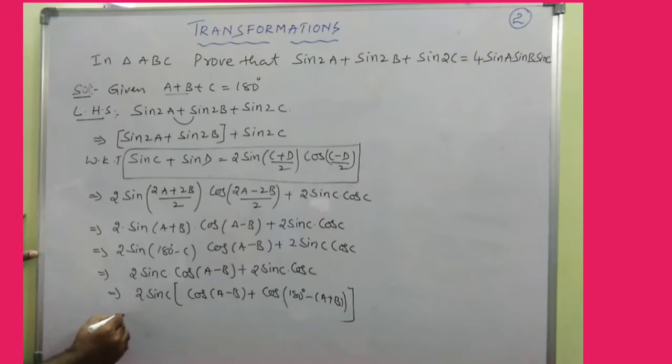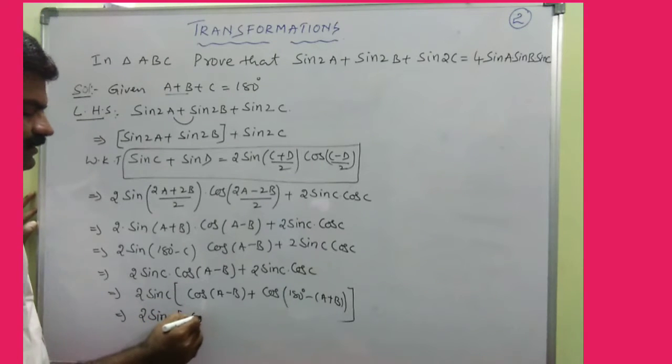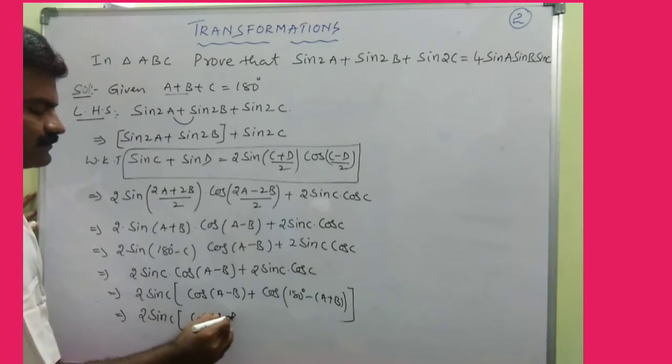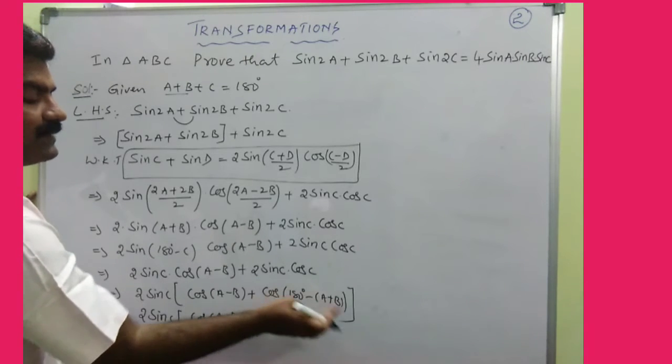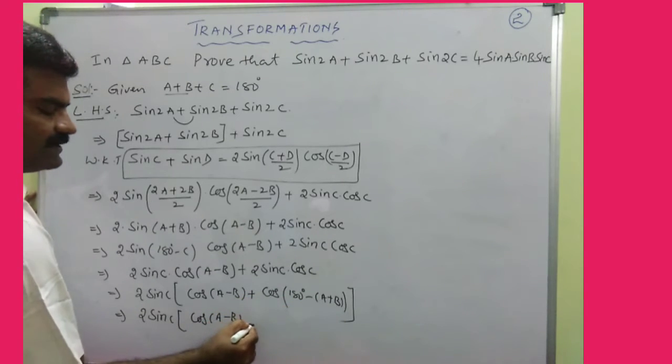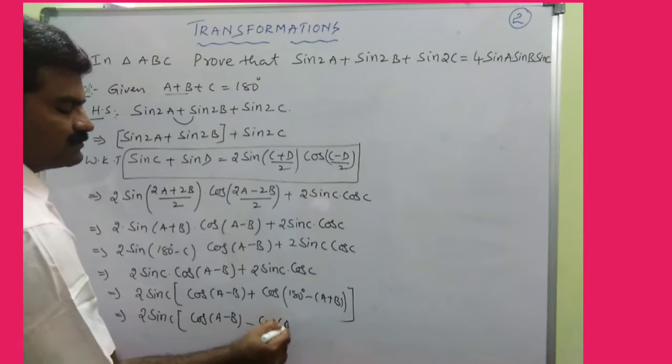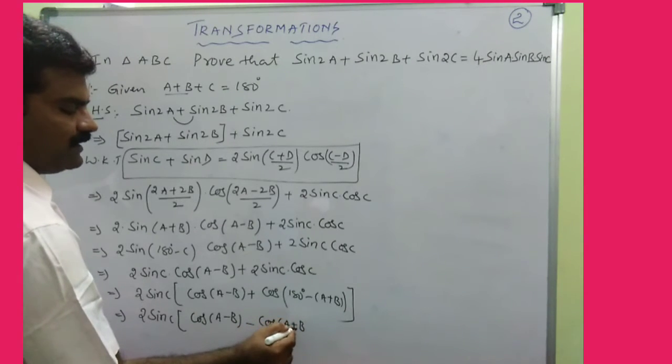Now this is 2 sin C into cos of A minus B, and because of 180 minus theta, second quadrant, this is negative, equal to minus of cos of A plus B.